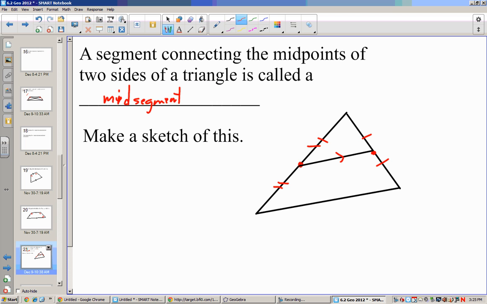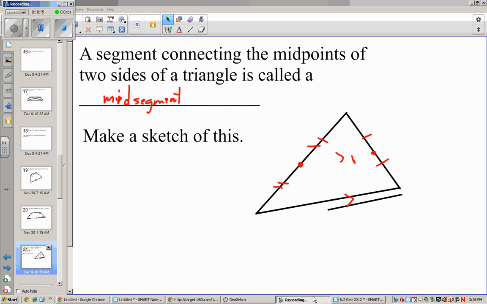Now this midsegment is going to be parallel with the third side, and it's not congruent, but it's half of the full length down there.